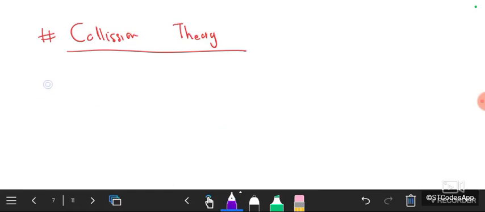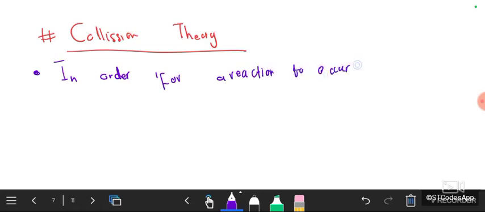So let me just say it here, right? In order for a reaction to occur, this is what must happen in terms of collisions. Because here we're speaking about the collision theory. So in order for a reaction to occur, there must be collisions, not just collisions.